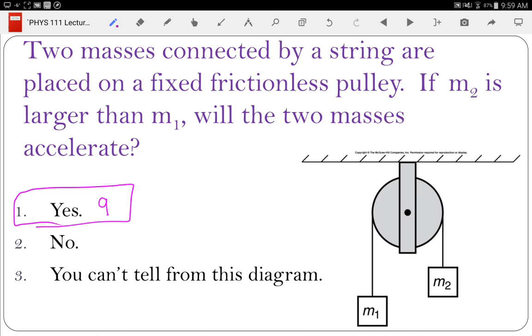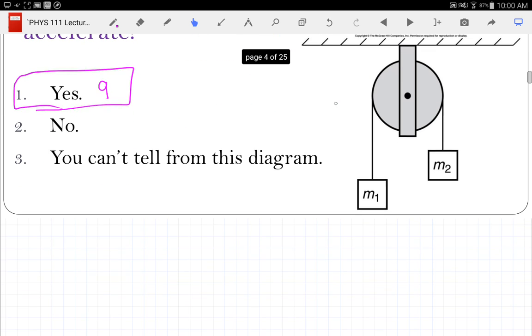So if I look at the picture, since it says that M2 is larger than M1, then if I draw the forces, force gravity 2, force gravity 1, I drew the lengths in comparison to each other. How do those two forces relate? How do they interact?